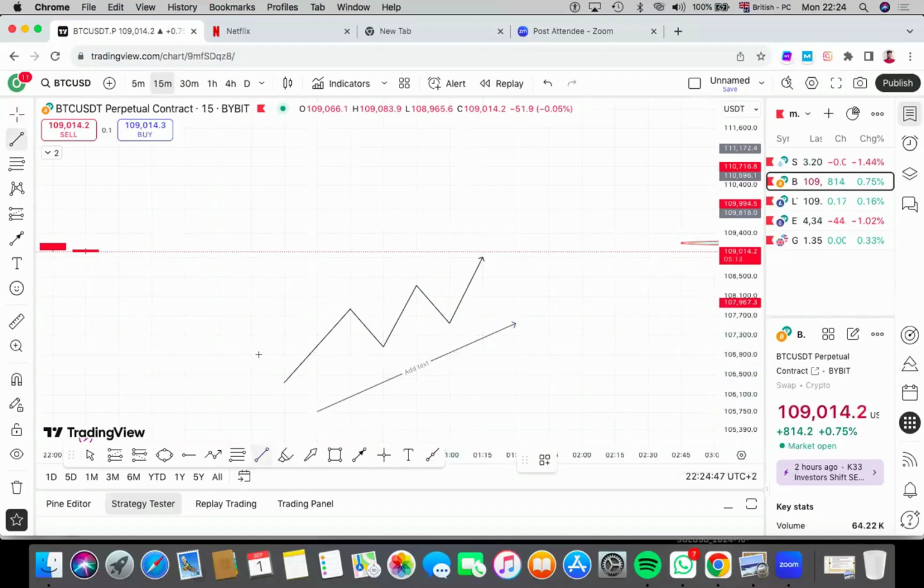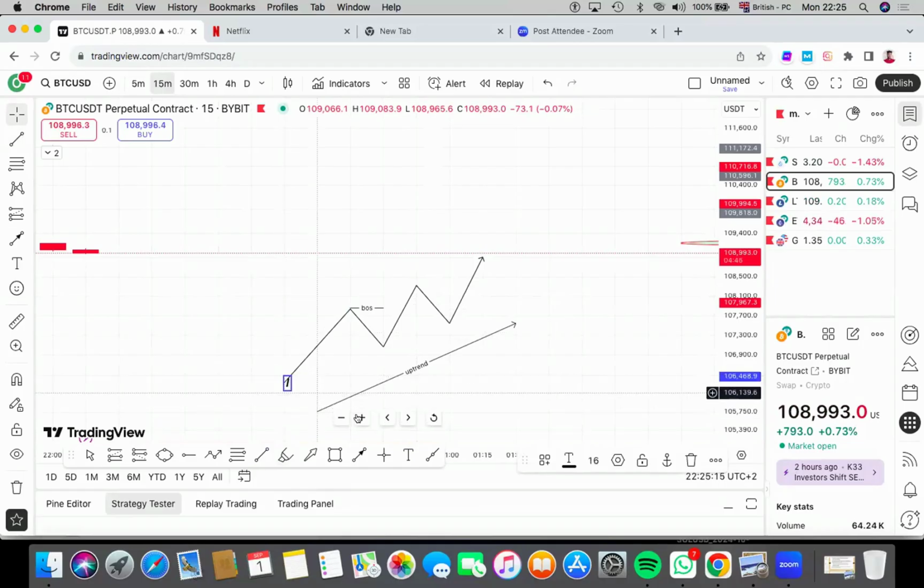So now we should have BOS. BOS is when the recent high is broken to create a new high. So let me be snappy with this BOS. Let's assume this is our low.